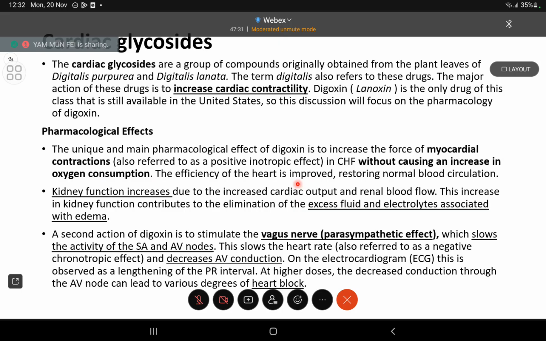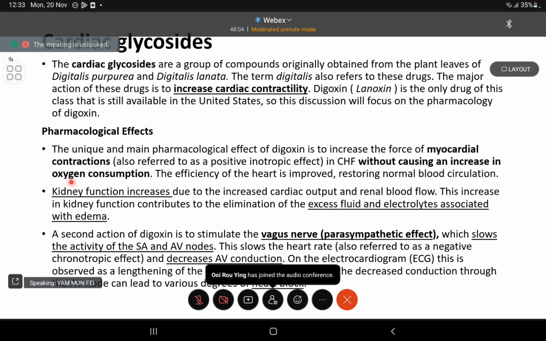The blood that enters your systemic circulation will become normal, I refer to the amount of blood. Once you restore the normal blood circulation, your kidney function will increase automatically, because your kidney will have sufficient blood to sustain the cells there.